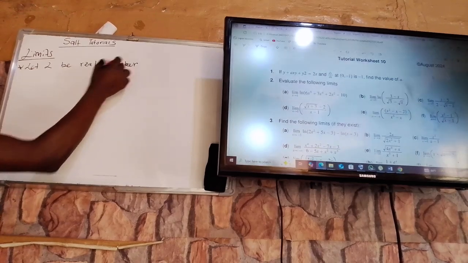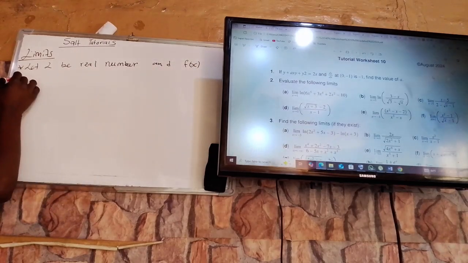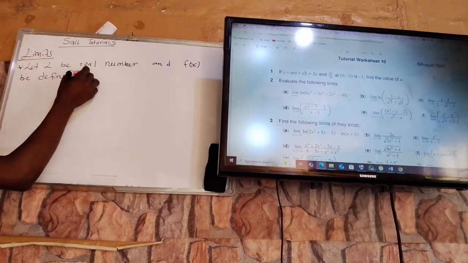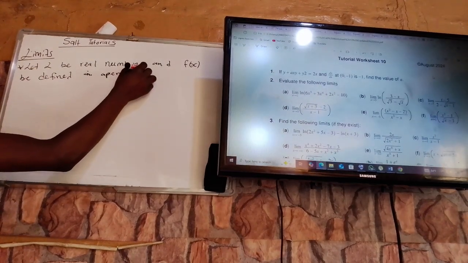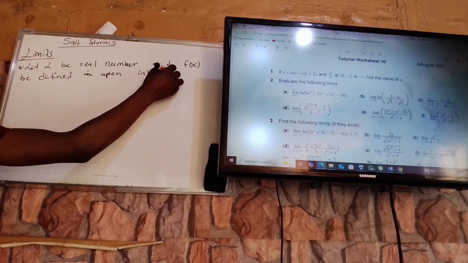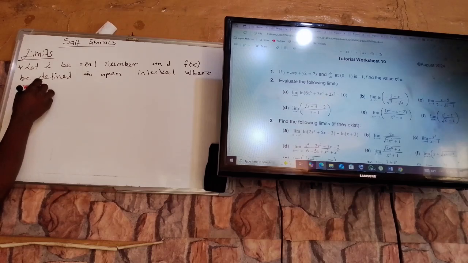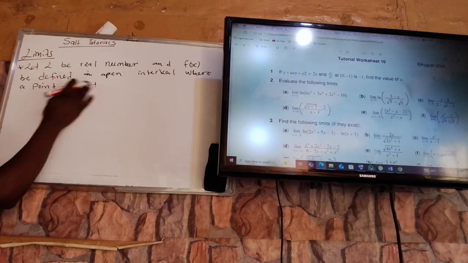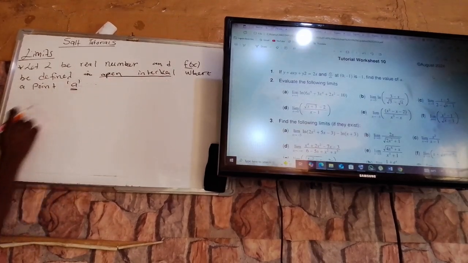Let L be a real number and f of x be defined in an open interval where a point A exists. So this A is basically a point which exists in a certain open interval where f of x is defined.